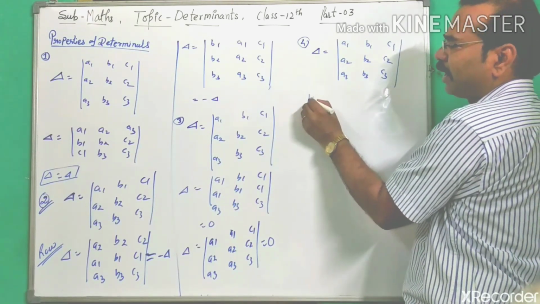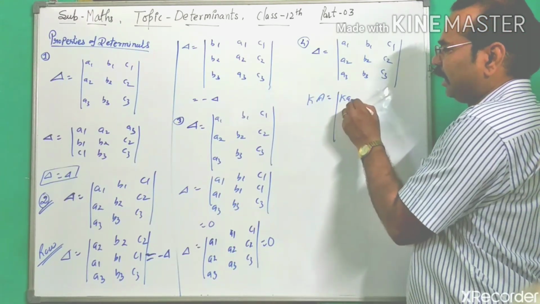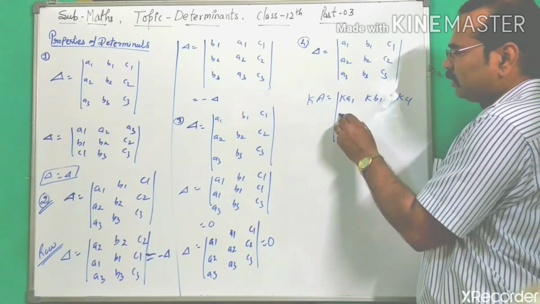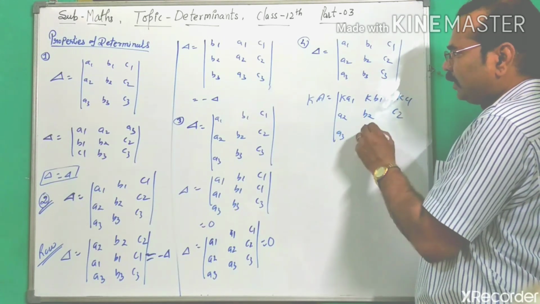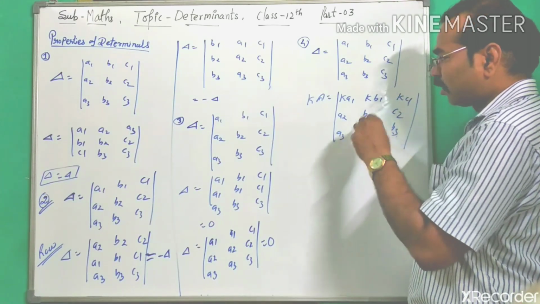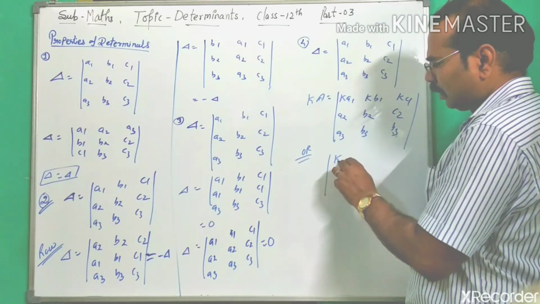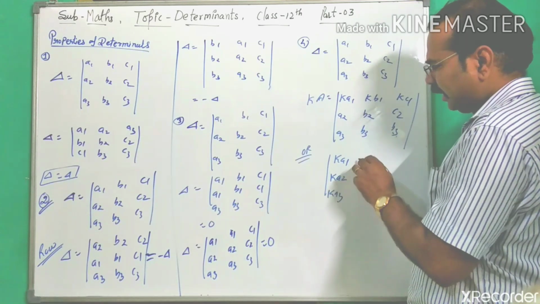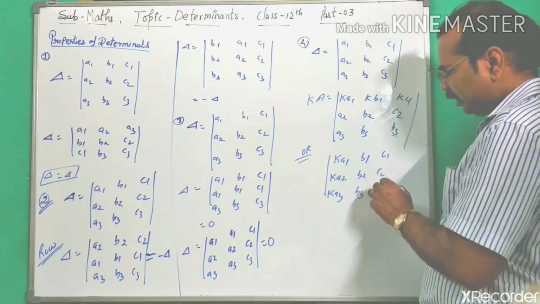We multiply by a constant k in the first row: ka1, kb1, kc1, A2, B2, C2, A3, B3, C3. Or we multiply in a column: ka1, ka2, ka3, B1, B2, B3, C1, C2, C3.